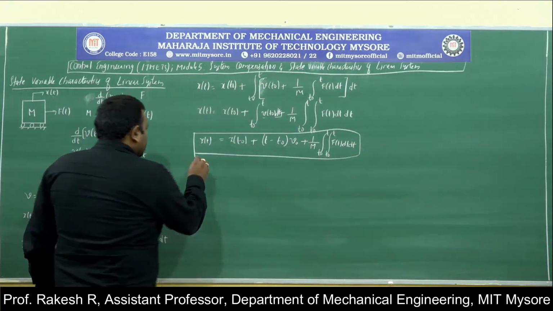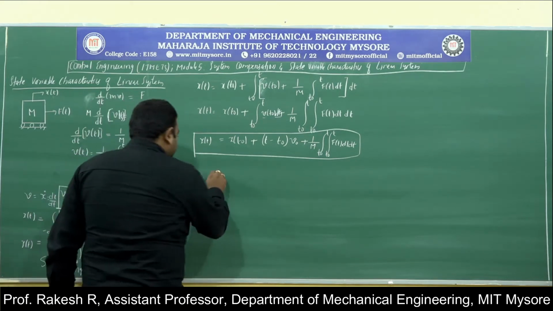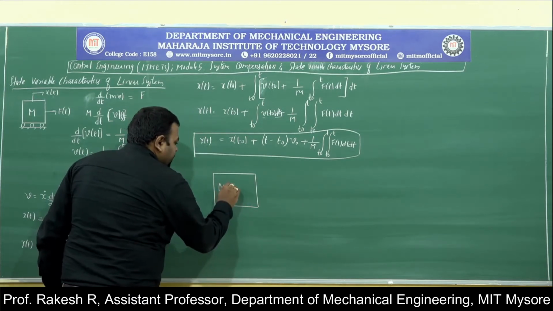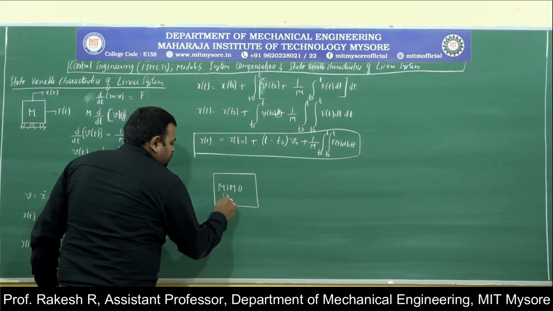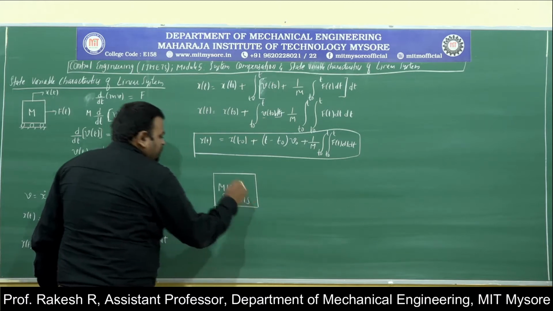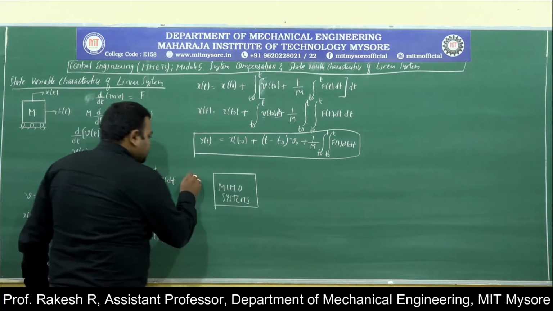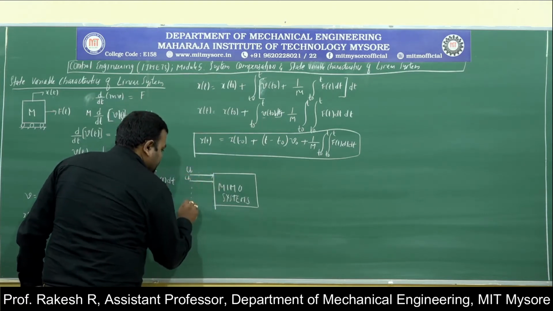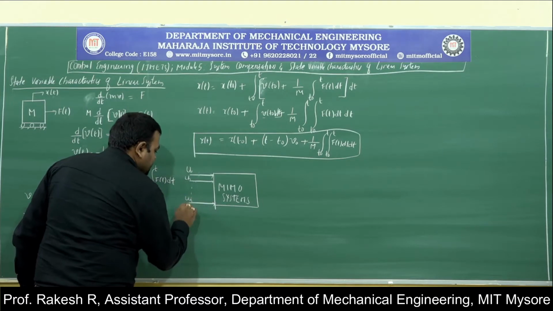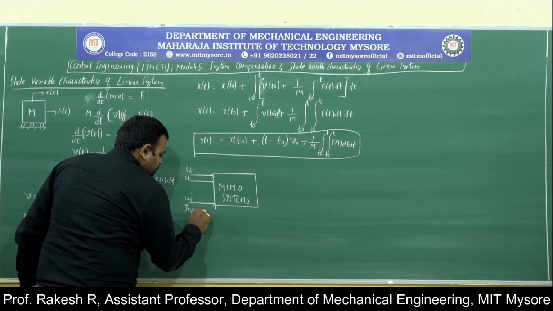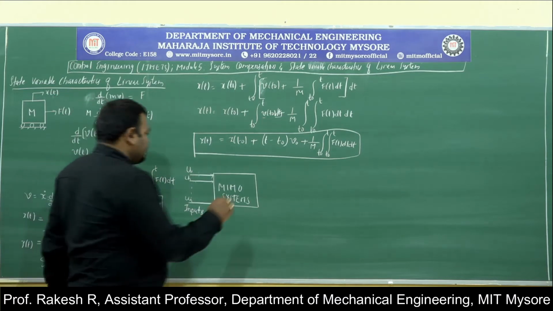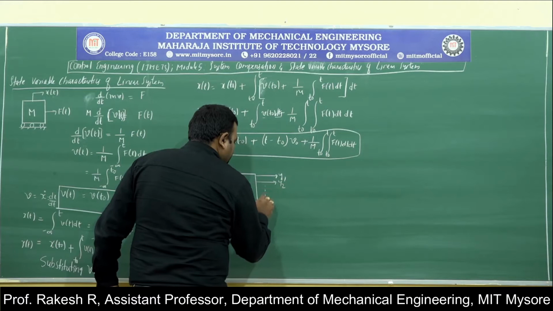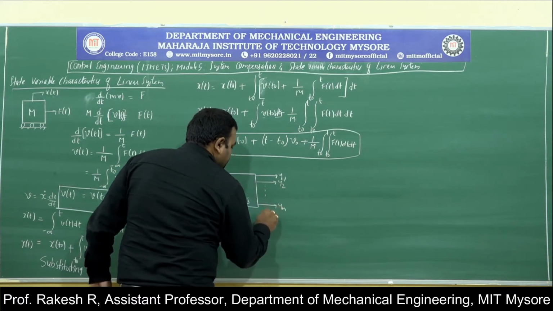Some of the important things we can note: if I consider multiple input, multiple output systems, I will consider u1, u2, etc. up to un as inputs, also y1, y2 up to yn as outputs.